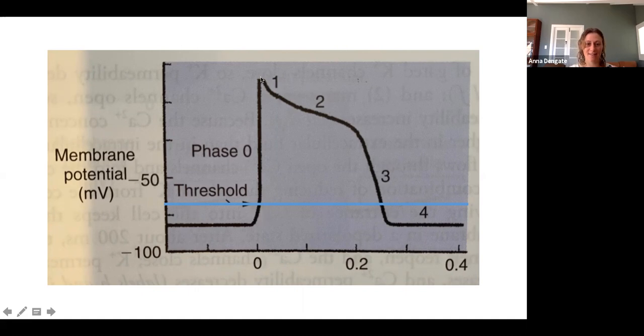And that's phase 0 of the action potential. Phase 1 is where the cell starts to go, oh my God, too much sodium, and starts to decrease the amount of sodium in there via those Na-K ATPase. So the positive ion goes out of the cell a little bit and we get the beginning of repolarization.